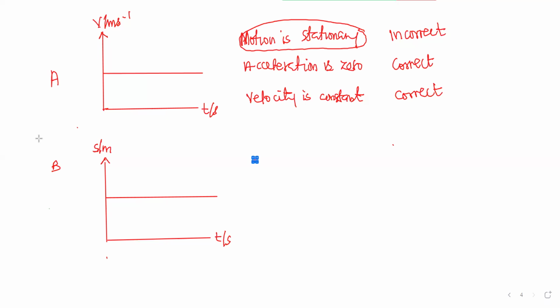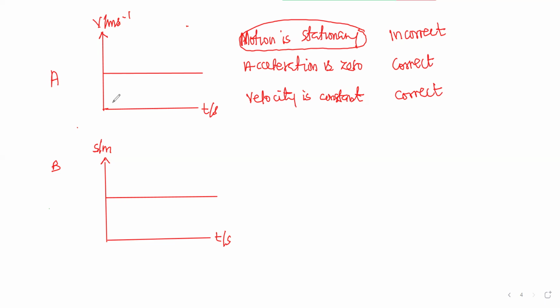Okay. In A, the body is moving. It's just that the body is maintaining the same velocity. But like in B, the body is not moving at all. So the body is what? Stationary. Yes.